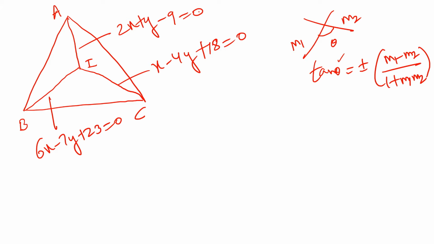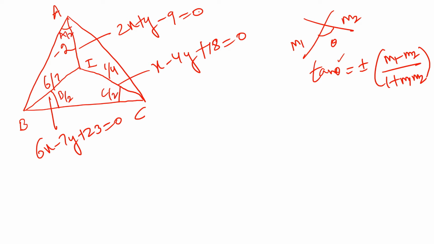Fine. Now, how we can use this particular formula in this question? We know that the slope of IA is going to be -2. For IB, it is going to be 6/7. And for IC, it is going to be 1/4. Right? And we also know that this was B/2, this is C/2, and this is A/2.